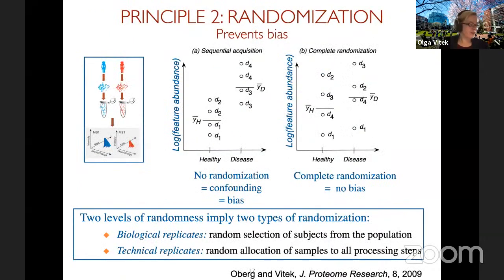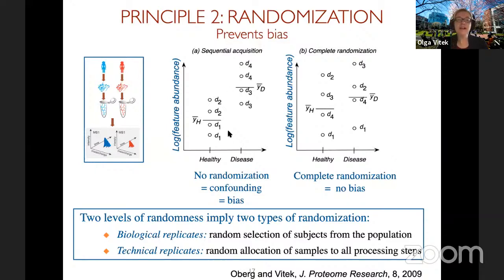So now going back to the question about randomization, hopefully we can understand that randomization is also important, because if we collect all our data from the healthy subjects on the first 2 days of the experiment and all the data from the disease subjects on the second 2 days, then the difference we observe is due to both the disease but also to the day of data collection.